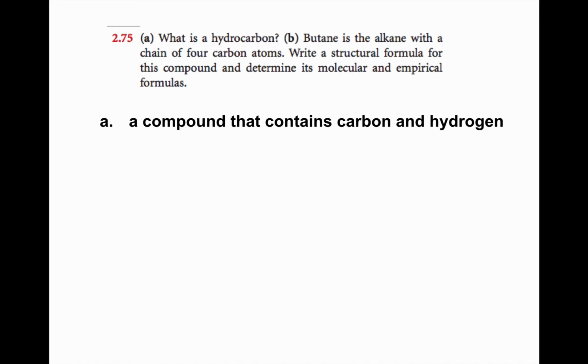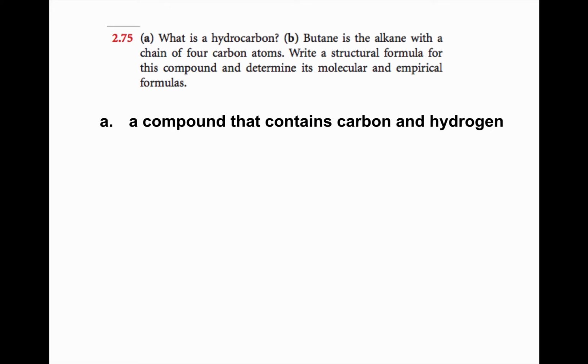Butane is the alkane for which a chain of 4 carbon atoms are attached. Write the structural formula for this compound. Determine its molecular and empirical formulas. All right, so if it's butane, again, organic chemistry has its own rules.